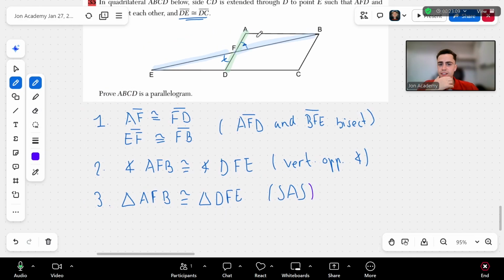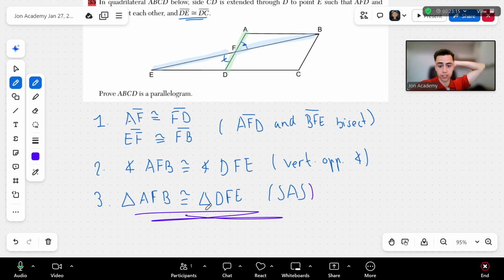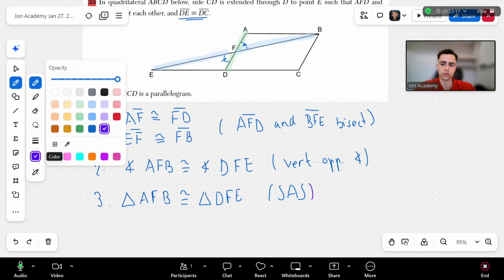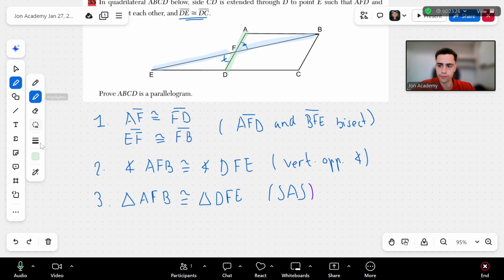So as we have shown, the congruence between these two triangles, we can use the CPCTC criteria, no? So we could show, let's do this in purple, that AB is going to be congruent with ED, no?